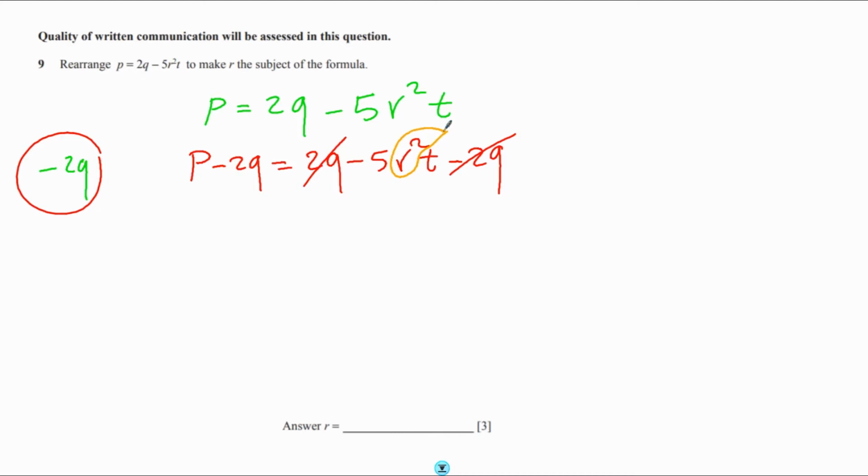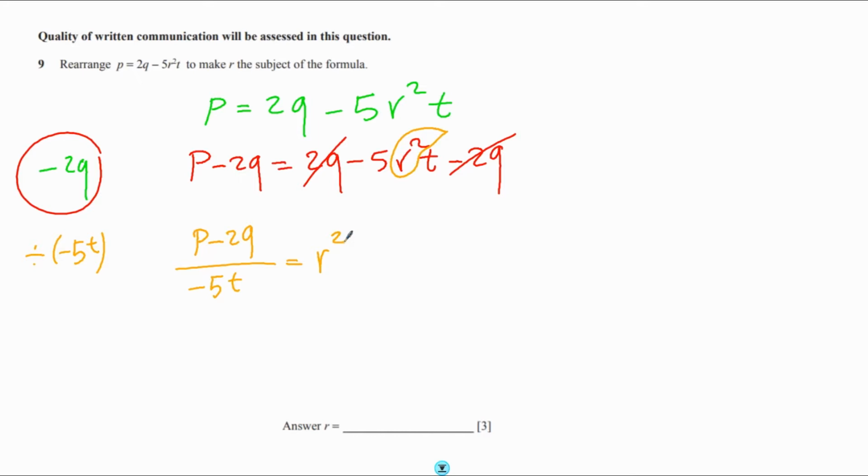So if I divide both sides by minus 5t, I put it in brackets because we are dividing by minus 5t. So this would be p minus 2q divided by minus 5t equals r squared.